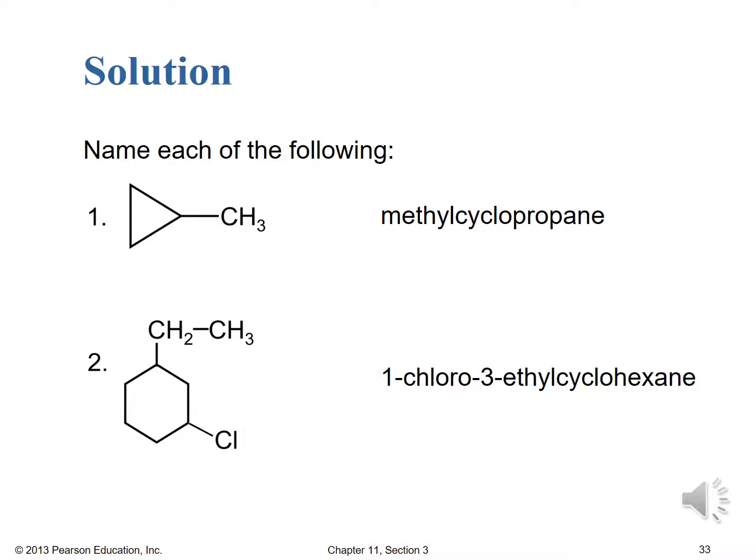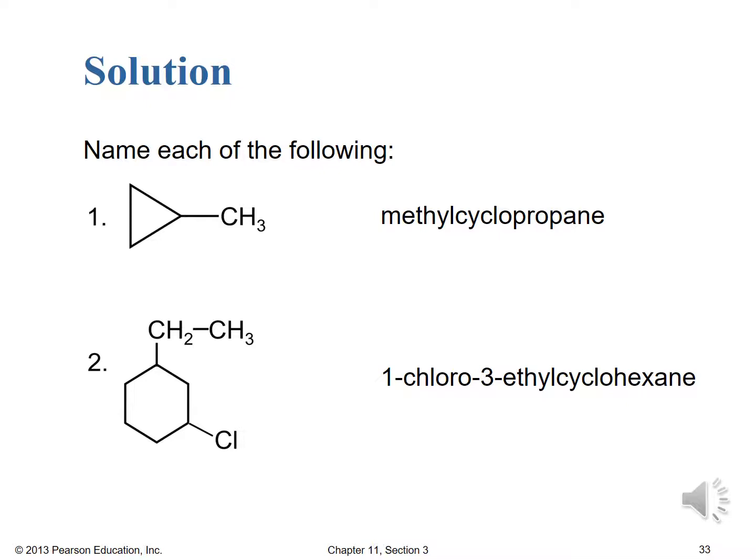For number 2, things were a little more complicated because we did have 2 substituents, but if you remember your rules, we number in such a way that we have the lowest overall numbers. So the chloro group will be number 1 because it's alphabetically first compared with the ethyl.